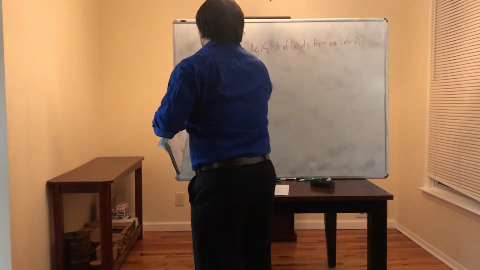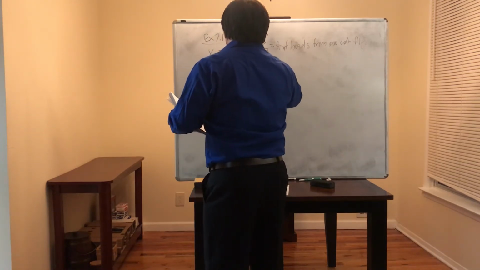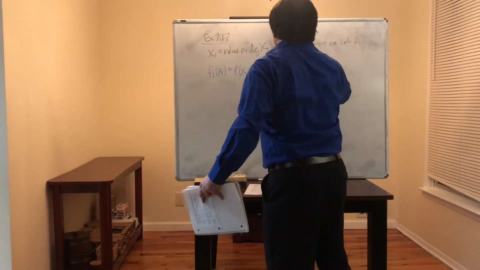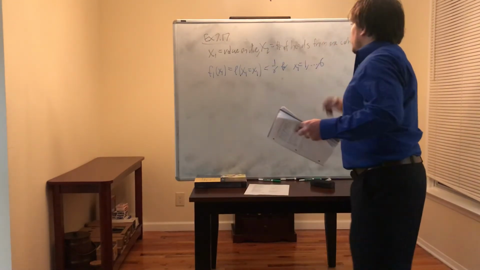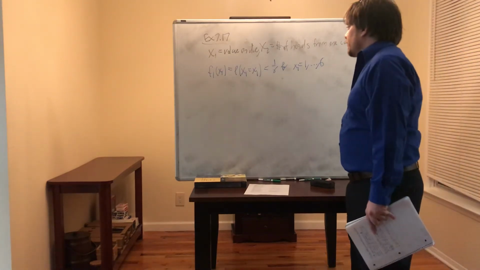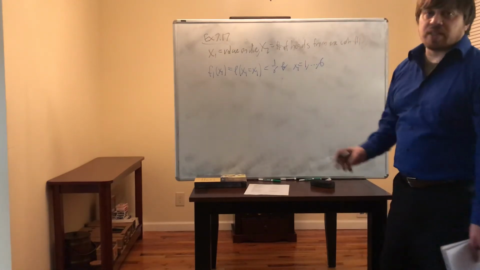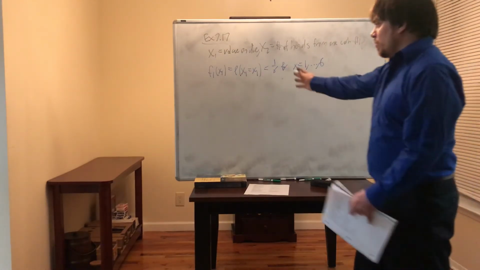And so I'm going to need to use the blue marker now. f sub 1 of x1 is the probability that X1 is equal to little x1, which is equal to 1/6 for x1 from 1 to 6. So if you roll a die, the values of x1 range from 1 to 6, the values on the die, and the probability of any particular value on the die is 1/6.